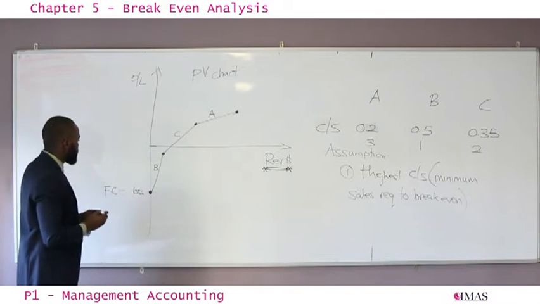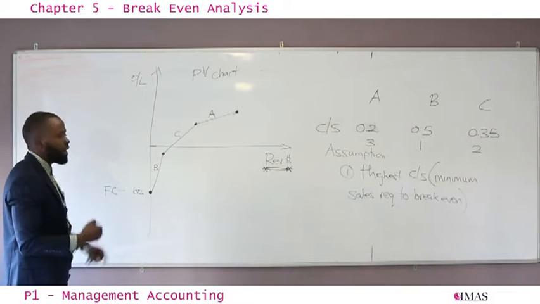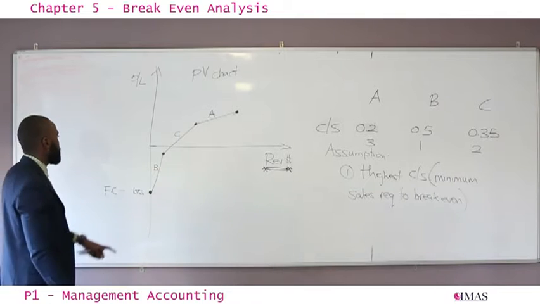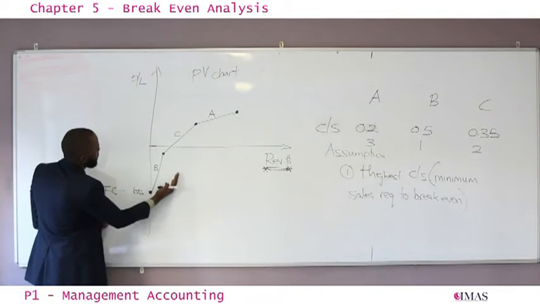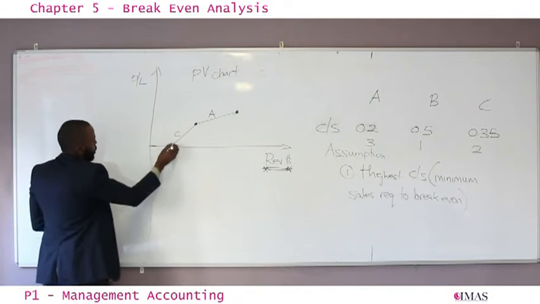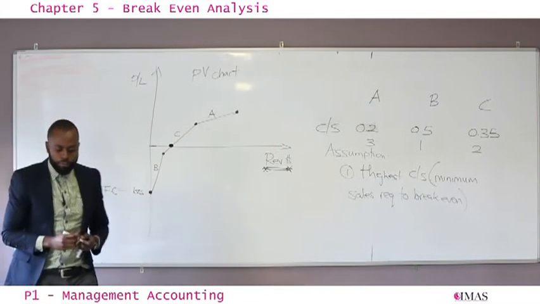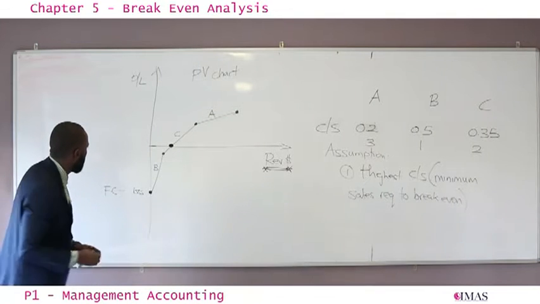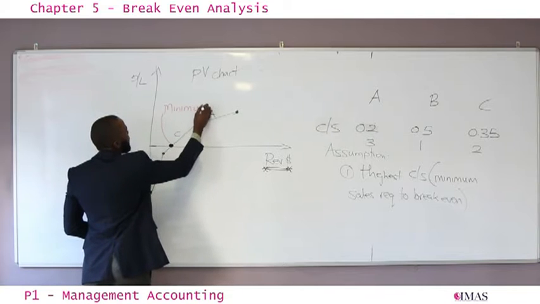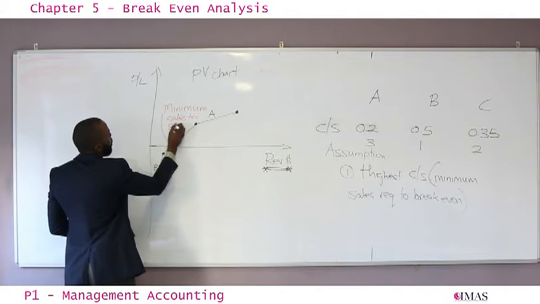The reason we can tell that B has the highest slope, the highest gradient, is that B is generating more contribution per dollar. So that's according to our assumption: we want to start with B. B is the steepest slope, slanting more toward the y-axis, followed by C, then by A. And this point that we get here, when our profit or loss is 0, would be our minimum sales to break even.